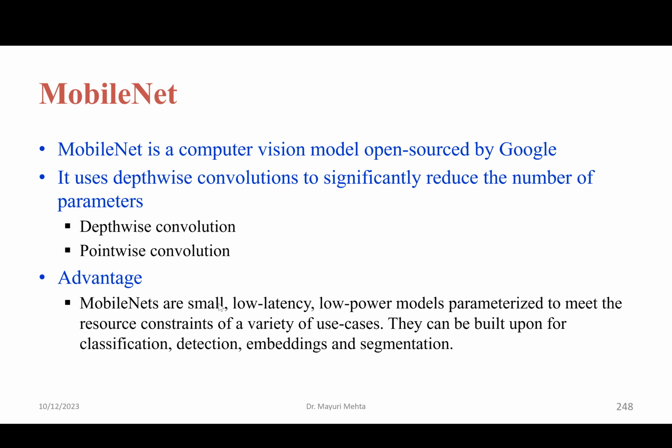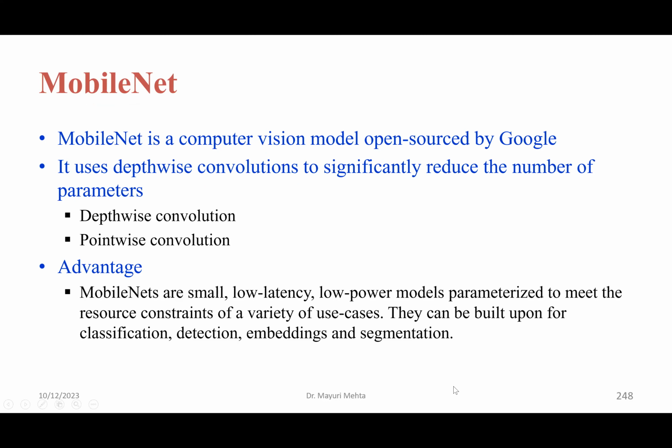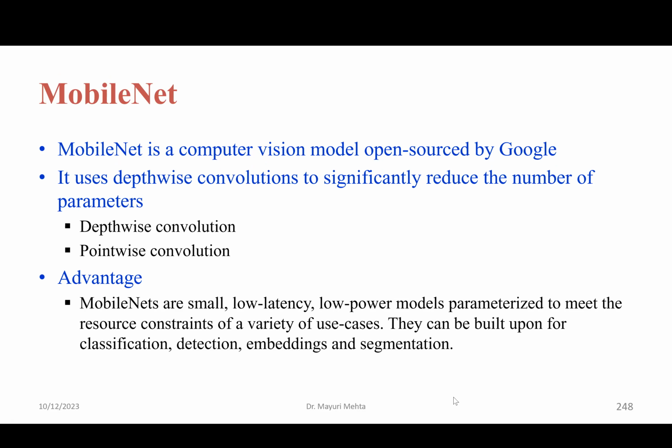Suppose we have 5 channels, then we would have 5 spatial convolutions. After that, point-wise convolution is the 1 cross 1 convolution to change the dimension. So depth-wise is a mapping of a single convolution on each input channel, and this is followed by the point-wise convolution.